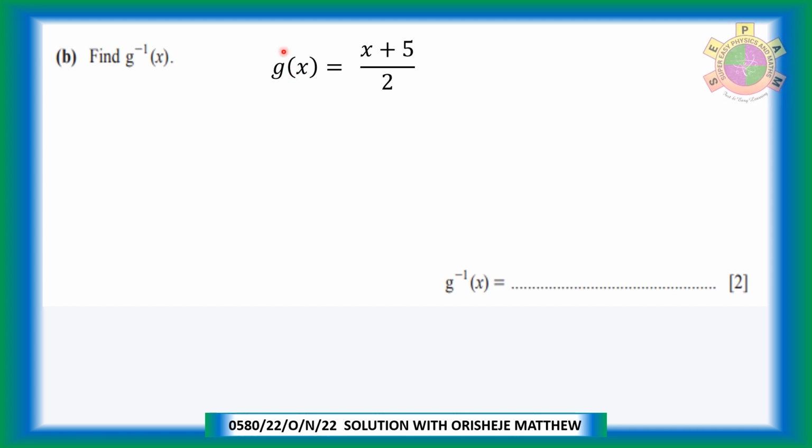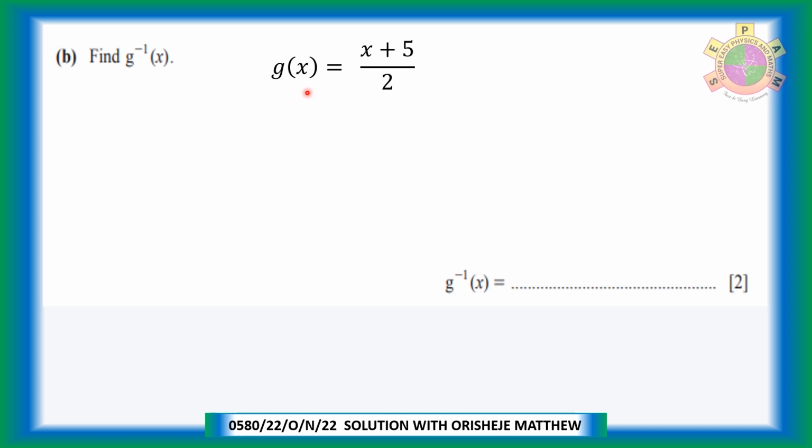From the value of g, you cannot get the value of s directly, so you are going in the opposite direction. So you use y to get s. But when you use s to get y, that is g of s.